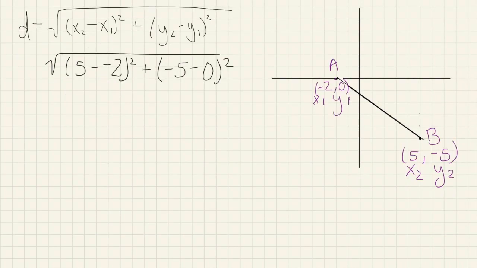And then in keeping with our same steps, we're going to do the same things we did before. So remember to add a line, change the sign when you have two negatives next to each other. So we have 5 plus 2, which is 7 squared, plus negative 5 minus 0 will just give you negative 5 squared.